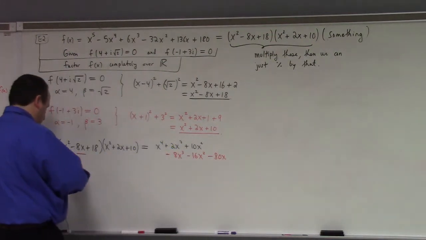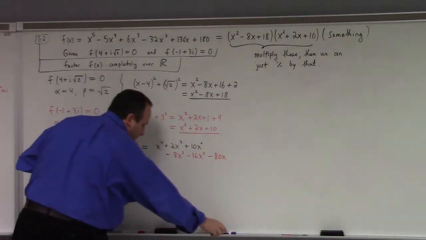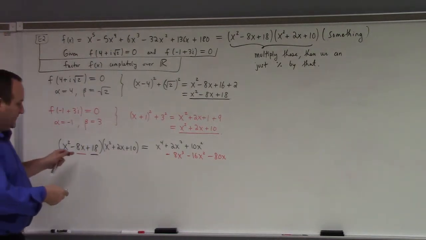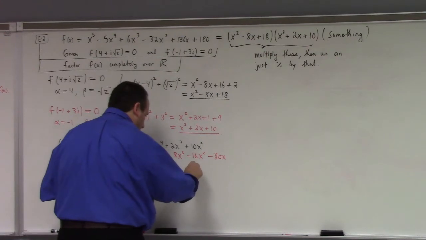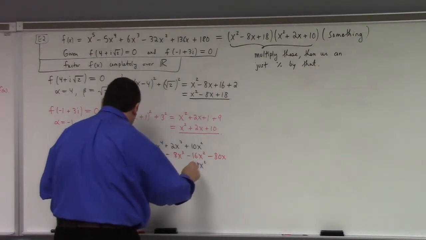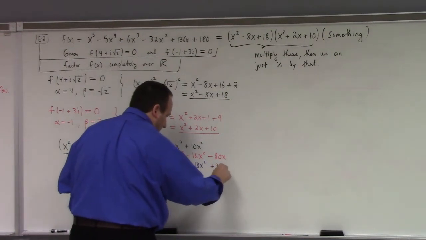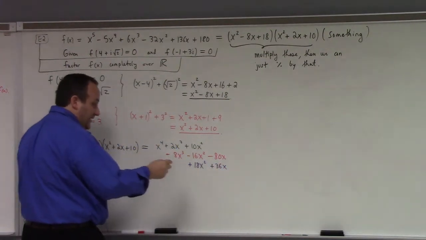And then I'll do the 18 times that. So 18 times that gives me 18x squared plus 36x plus 180. Yowzers.